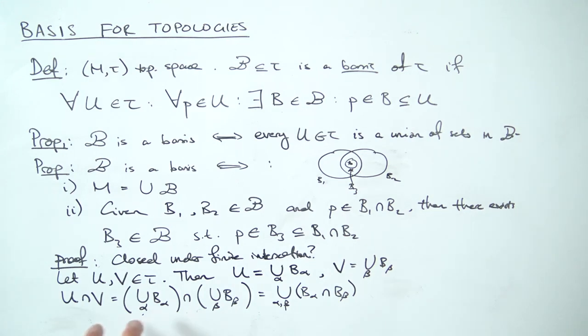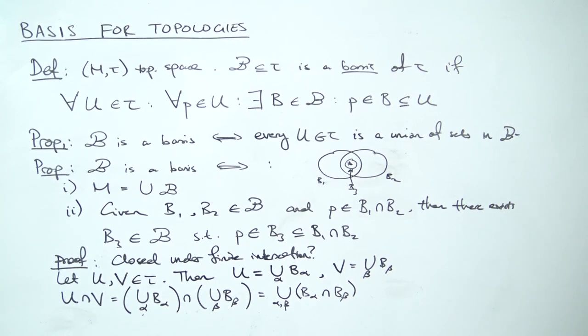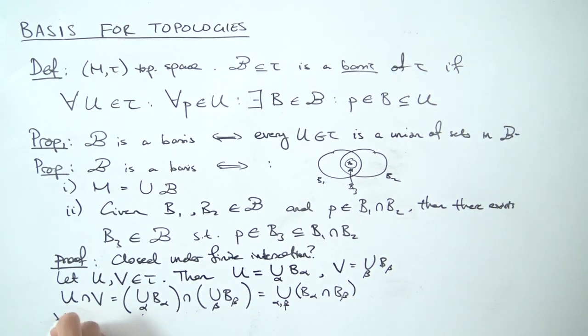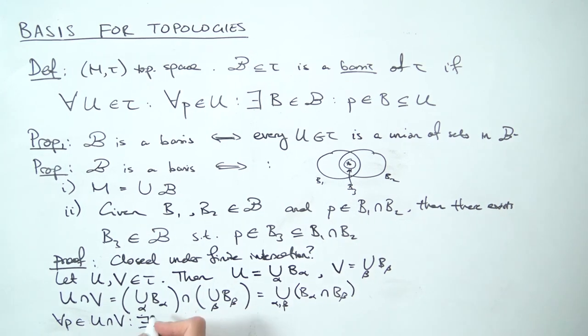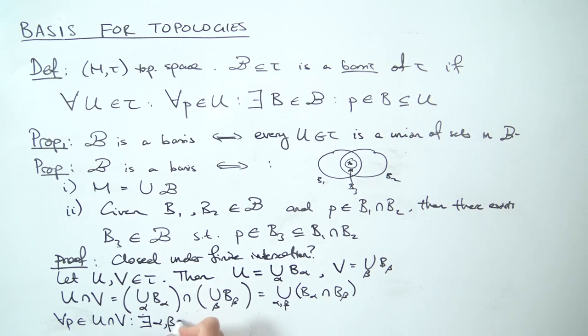Okay, so what do we have so far? We have that the intersection of U and V can be written in this form. And so essentially what we're going to do now is use this second condition that we assumed, because we have a bunch of intersections going on, so why not? If I pick any point P, so for all P in this intersection U intersect V, there must exist something of this form that contains my P. So there must exist some alpha and beta such that P lies in the intersection of B alpha and B beta.